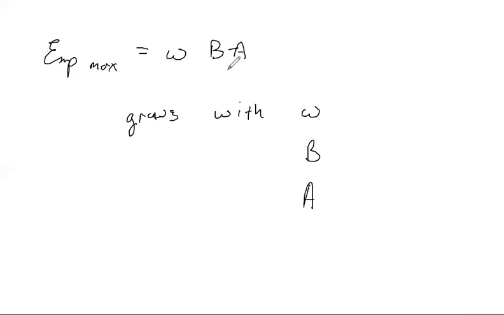You can think of this as being due to 3 effects. One is a speed effect, one is a magnetic field strength effect, and one is just an overall area effect.